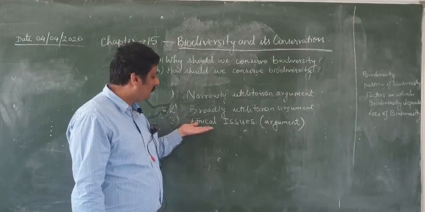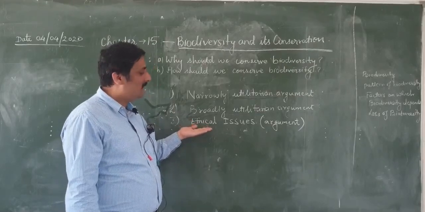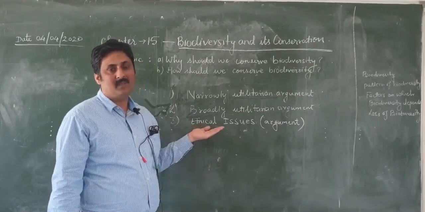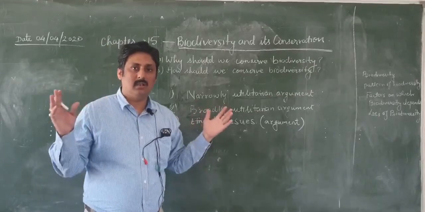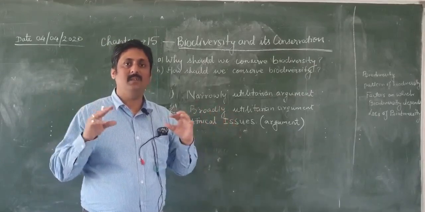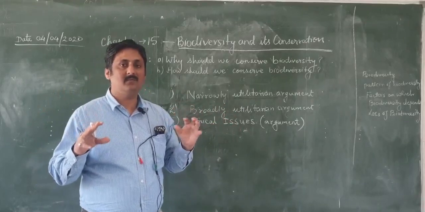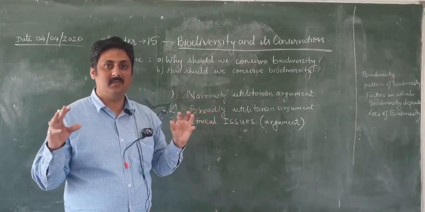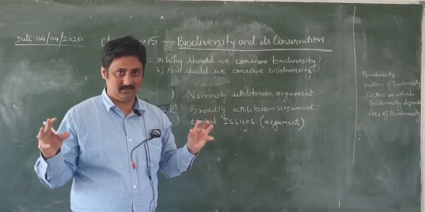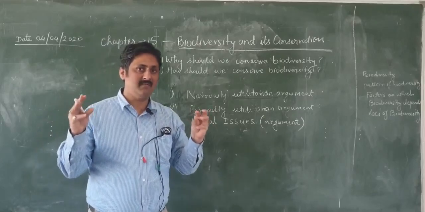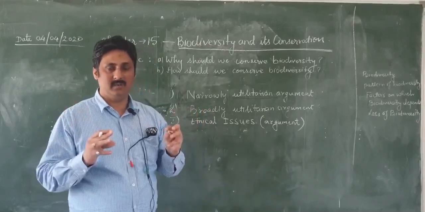Now there are certain other groups of people whose arguments we have put in another bracket, and that is ethical issues. On this whole earth, we are not the only species; there are so many other organisms which live on our earth. Every species has the right to live.